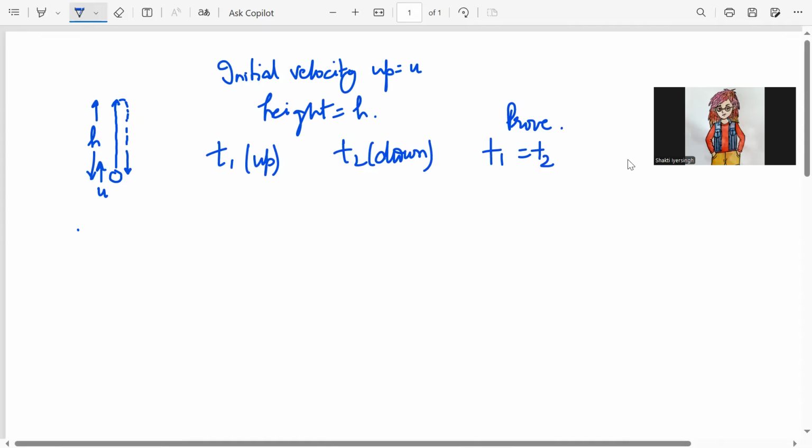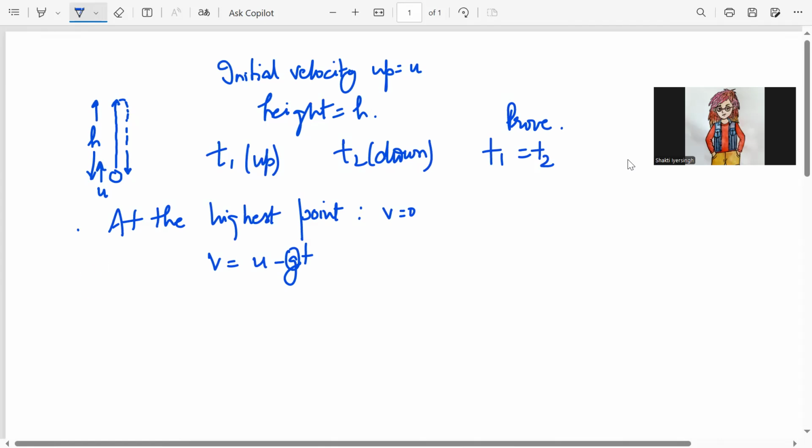When the projectile is thrown up with a velocity of u, we know that at the highest point, the velocity goes to 0 because it stops and then it turns into the other direction and starts falling down. So I can say that velocity equals 0. So I can find out T1, the time it takes to go upwards, like this. V equals U minus GT, as G is acceleration due to Earth's gravity and it's pointing downwards.